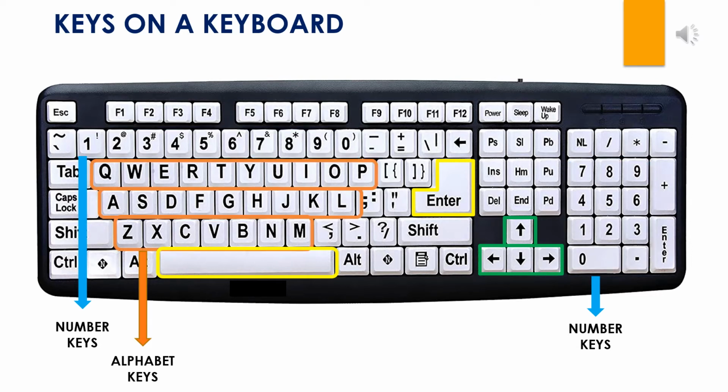Now these number keys might not be there on a keyboard which is part of the laptop. So there are two sets of number keys, one above the alphabet, above the letters, and the other to the right side of the keyboard.